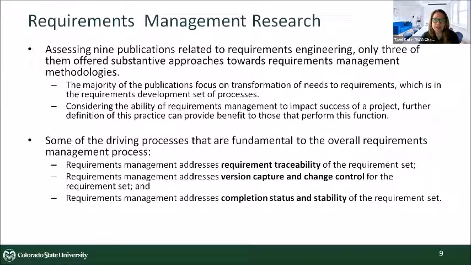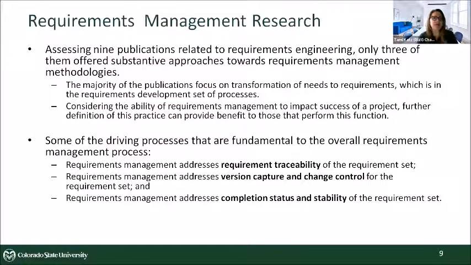Surprisingly, only 3 of those 9 publications provided that same level of information on managing the requirement set. I thought that was interesting, because when you're dealing with management of requirements, that's where a lot of the work is: understanding how they relate to each other, how to manage that data, how to handle change control, and I wasn't seeing a lot of practical guidance out there.